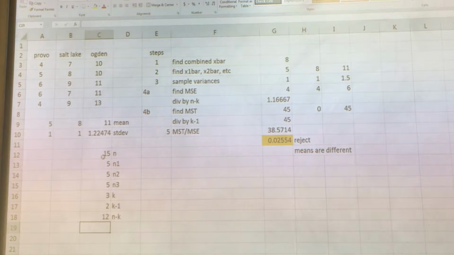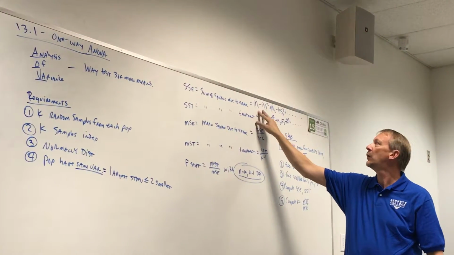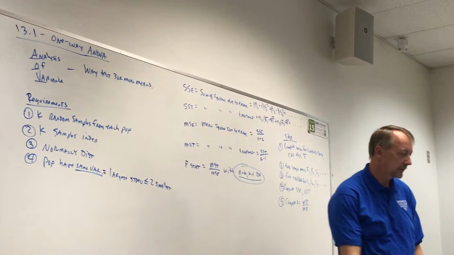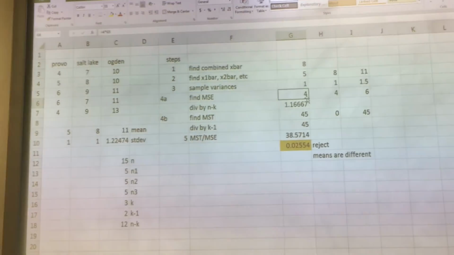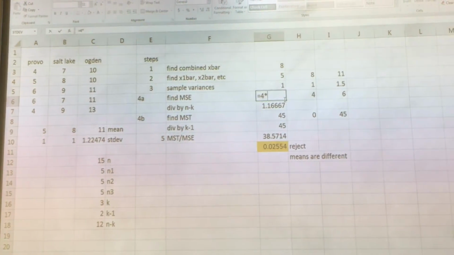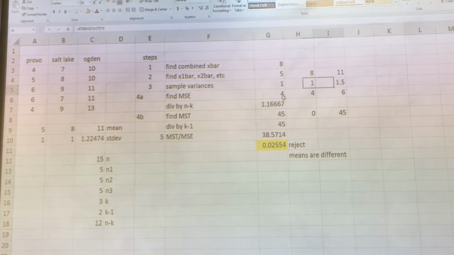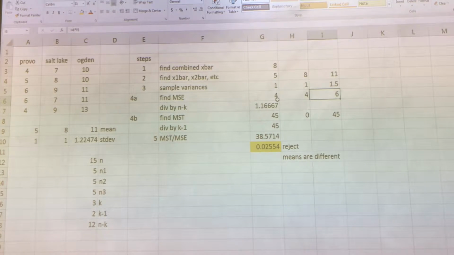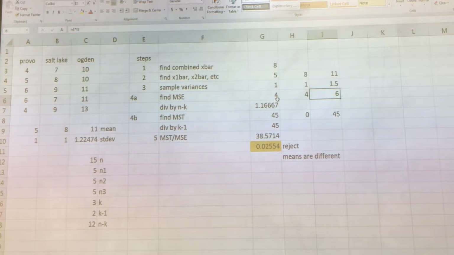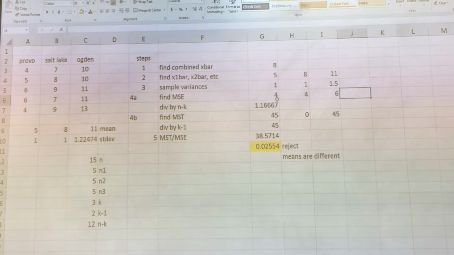Okay, let's go to the SSE. It's going to be N1. What's N1 again? 5 minus 1 is 4. 4 times my variance. 4 times 1 is 4, 4 times 1 is 4, 4 times 1.5 is 6. So this line here represents my SSE.